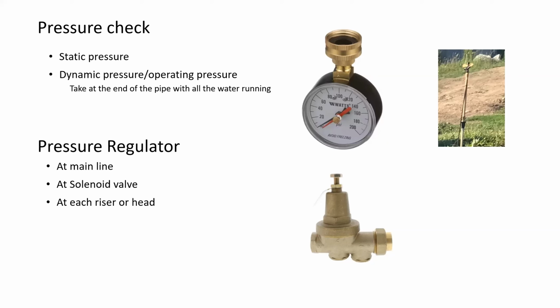Sometimes if you have a small system and you don't want the hassle of installing a big pressure regulator at the source, and you have an overhead system like this picture here, you can install a pressure regulator in these risers themselves, and then these emitters would be functioning properly. So there are a lot of places where you can install the pressure regulator, and understand that checking pressure and maintaining pressure is crucial for efficient watering.